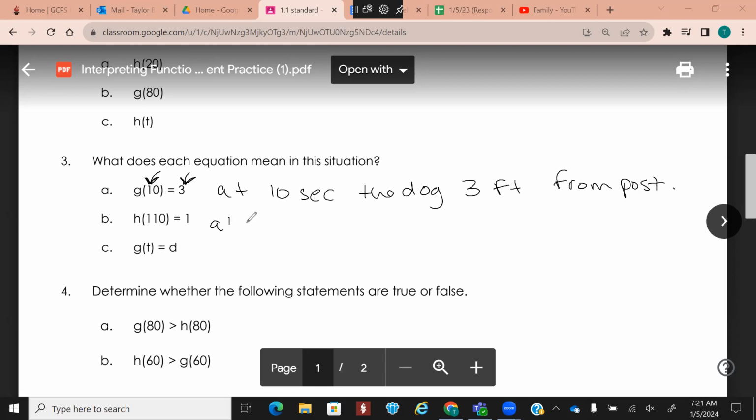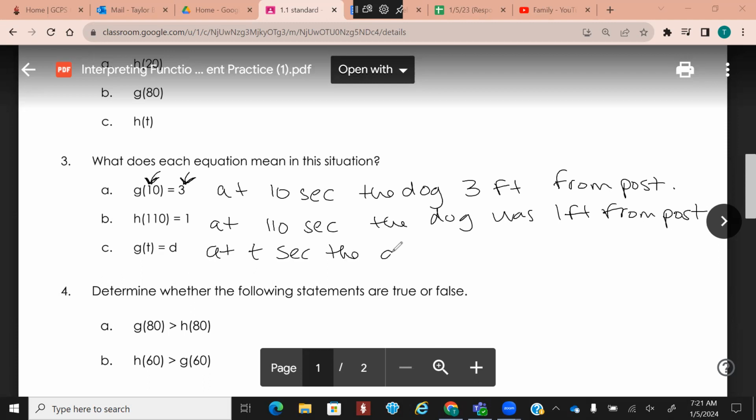The next one, we're going to do the exact same thing. So at 110 seconds, the dog was 1 foot from post. And the last one, again, they're just trying to trip us up with a bunch of letters. We're going to say at t seconds, the dog was d feet from post.